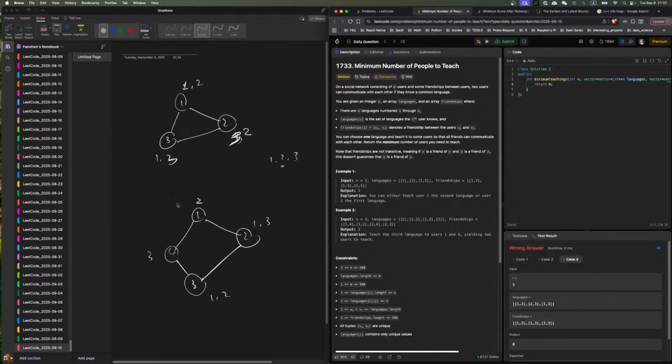Basically, I'll pick out the nodes that cannot communicate, and then I'll swap it. But then the ones that can communicate probably will get affected as well. Yeah, it will get affected as well.